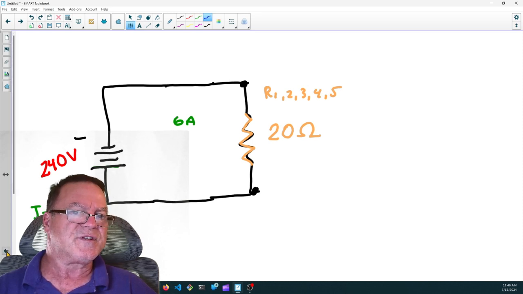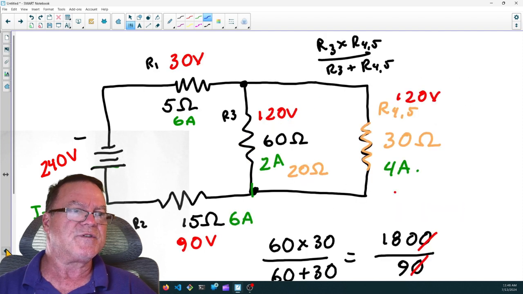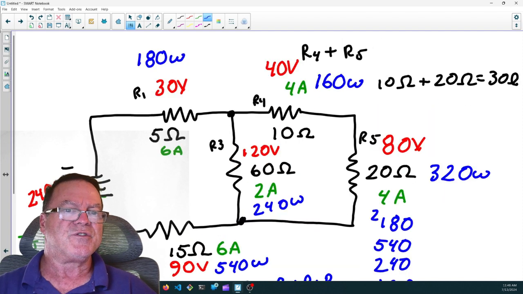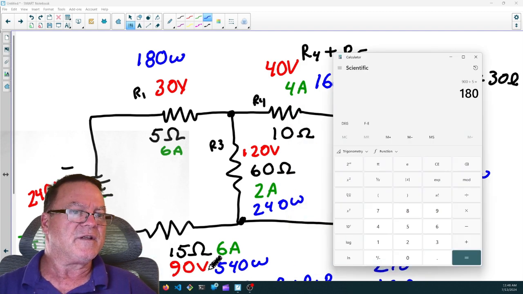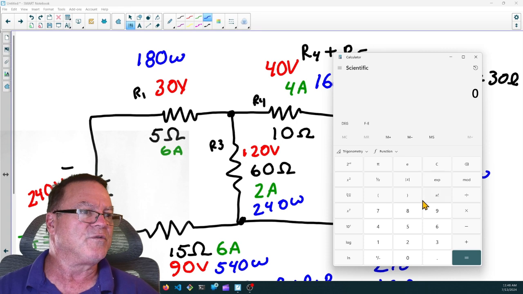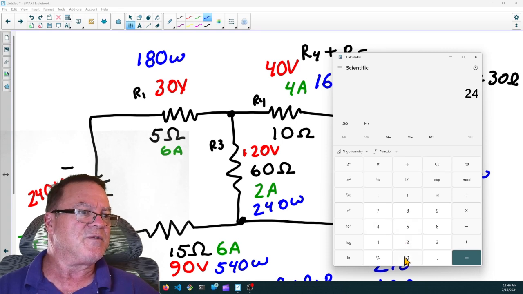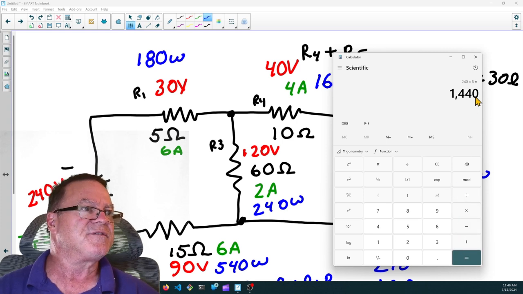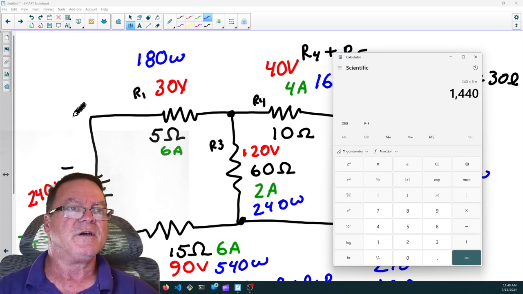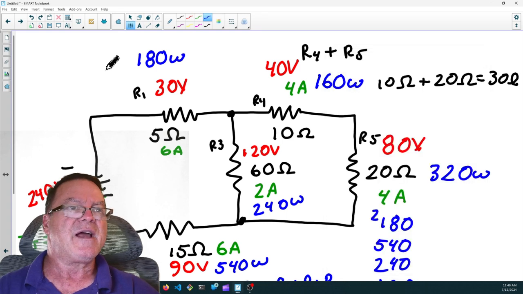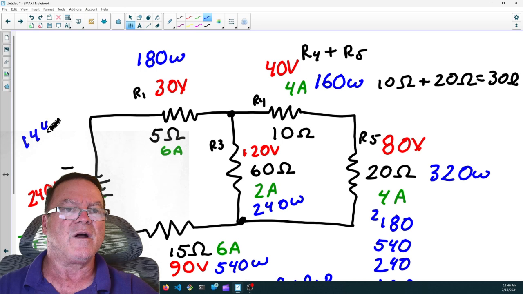The total resistance is 20 ohms. All right, so 240 times 6. 240 volts times 6 amps is 1,440 watts. So it seems like that worked. 1,440 watts.